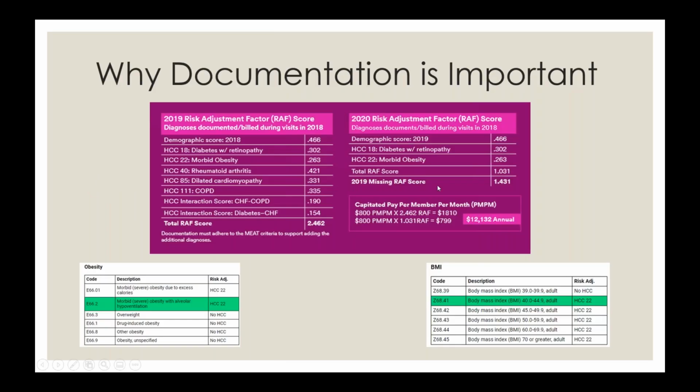And so this is just a table to show how that really does affect your risk adjustment score. So this one here, the 2019 risk adjustment factor, you'll see the total RAF score was 2.462 because diabetes with retinopathy is documented and coded. You have morbid obesity documented and coded.